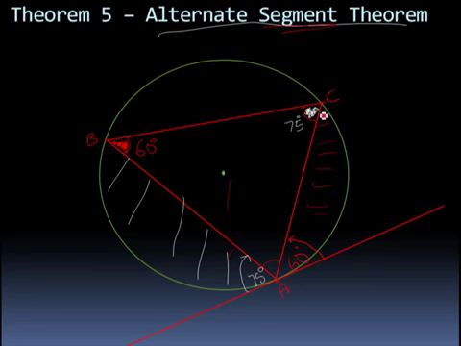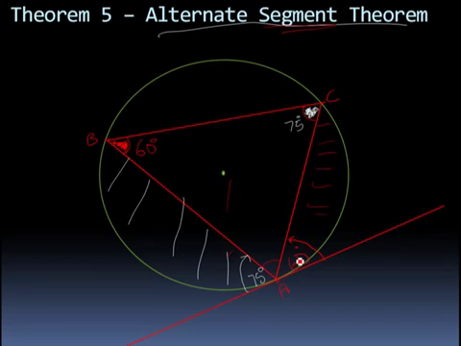This is because the chord in question divides the circle into two segments, the minor and the major segment. And so the angle between the tangent and the chord that divides the circle into these segments will be equal to the angle not in this segment, because this 60 degrees angle is in this segment, if you notice.